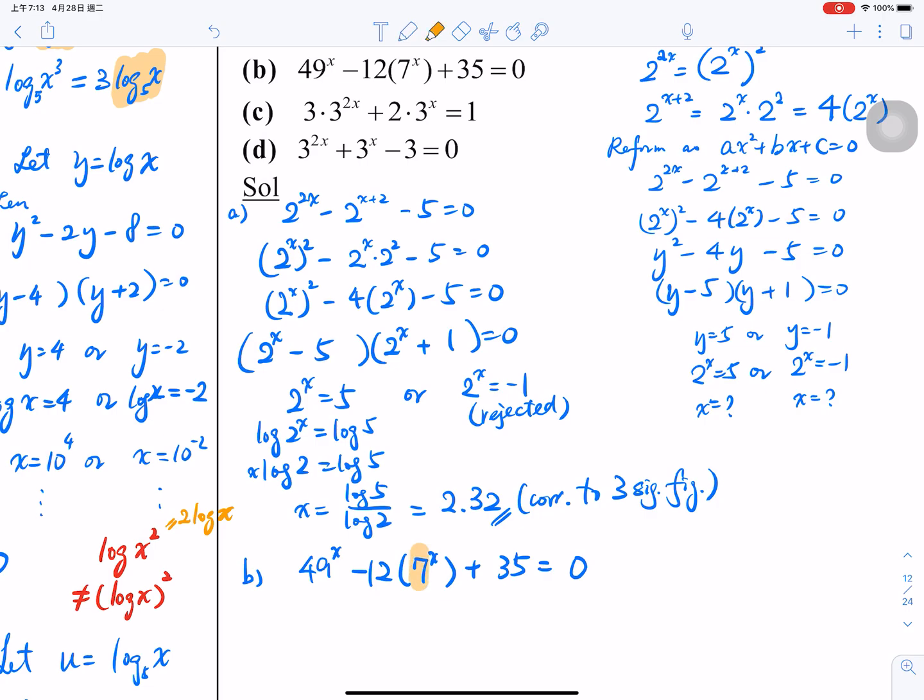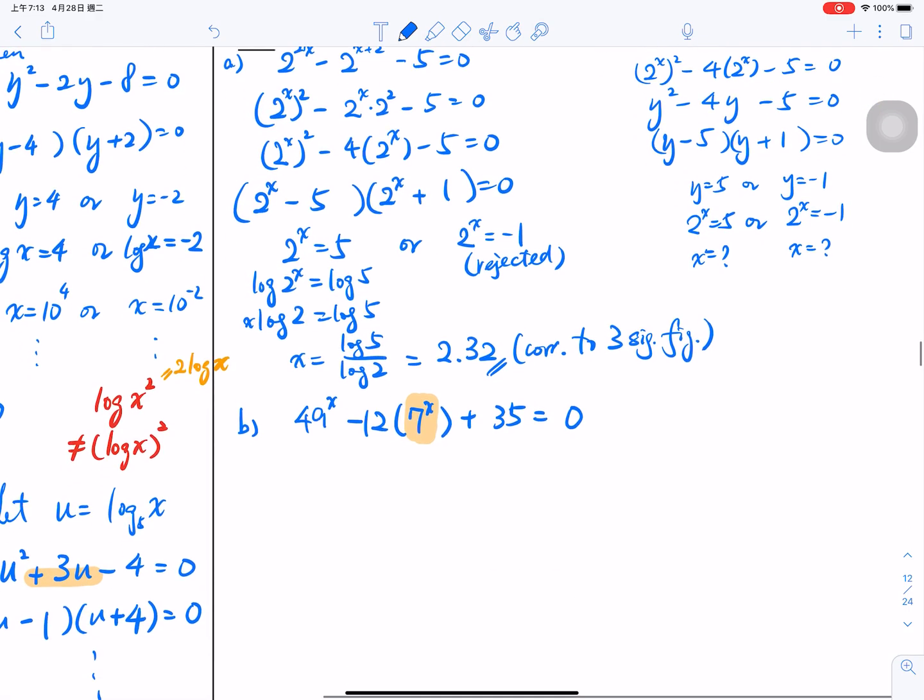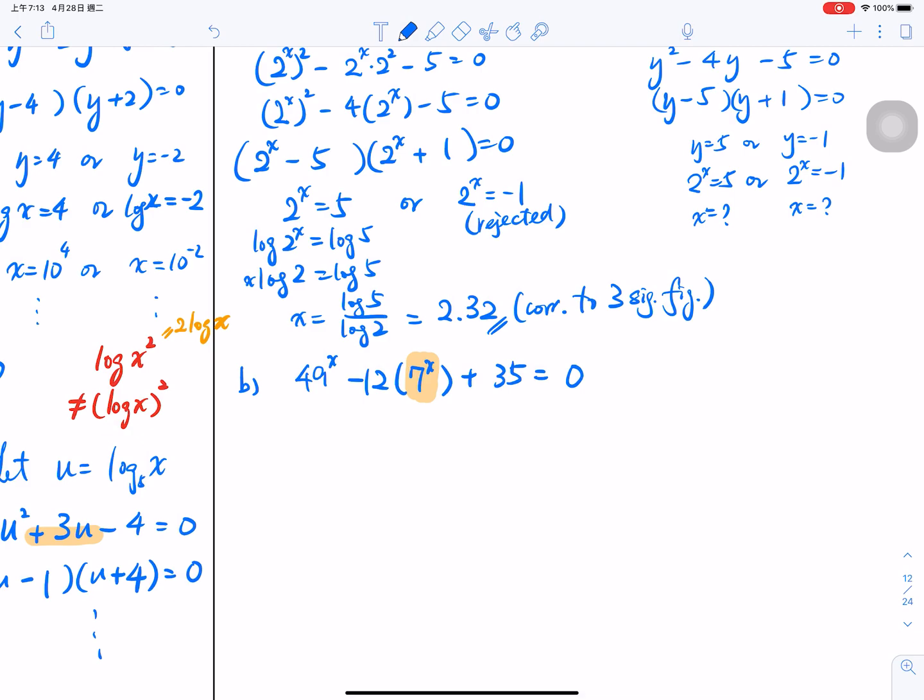Pay attention to this; that is the hint to help you solve this question. 49 equals 7 squared. So this is 7 squared to the power x, minus 12 times 7 to the power x plus 35 equals 0.